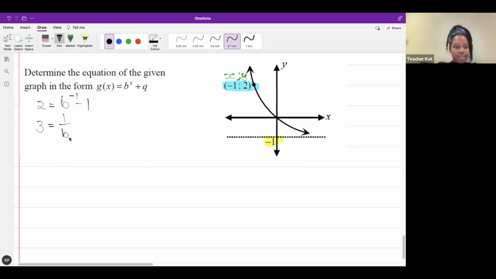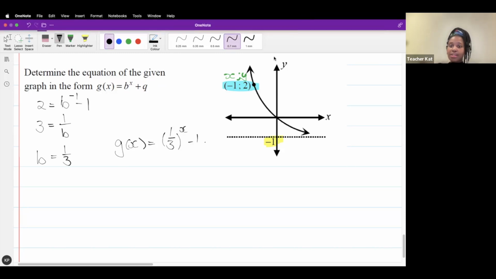And then these go around, so then b will be equal to a third eventually. And that is expected because my graph is not increasing that way, but is increasing that way. So sometimes look at the cues from your graph. So then our graph will be g of x is equal to a third to the power of x minus 1. And we are done, guys.